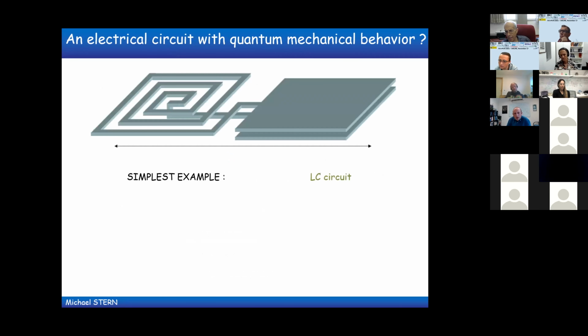A simple example of a superconducting circuit is to take a capacitor, which is connected to an inductor. This is an LC circuit, and with dimensions of, for example, typically 2 millimeters, you get a frequency in the range of a few gigahertz.